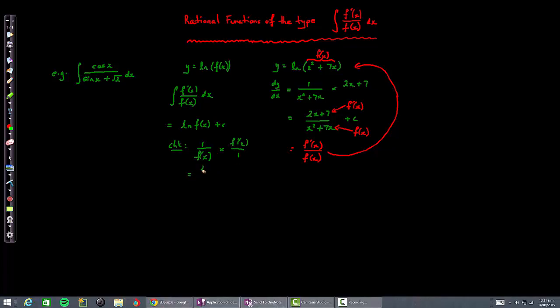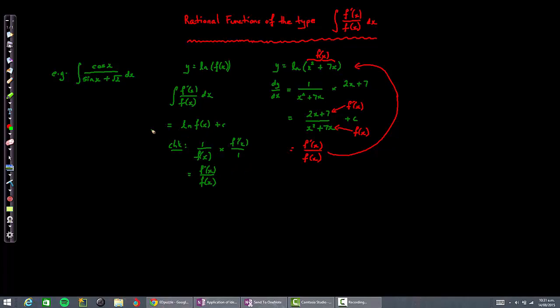Put the two together, f dash x over f x. Okay, so in those situations where we have a function of x and its derivative on top, one part being divided by another, then we can integrate to get back to this kind of solution.